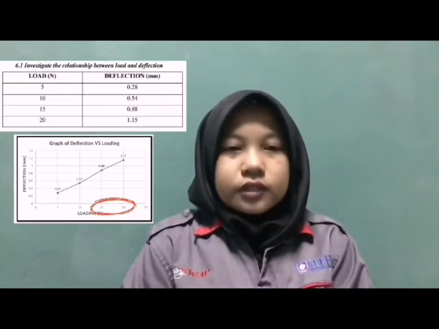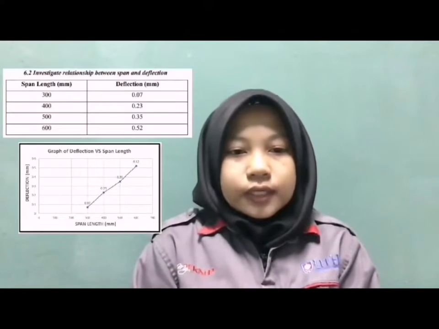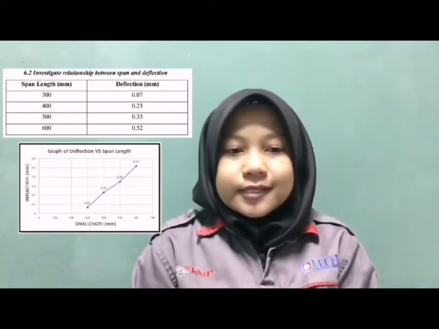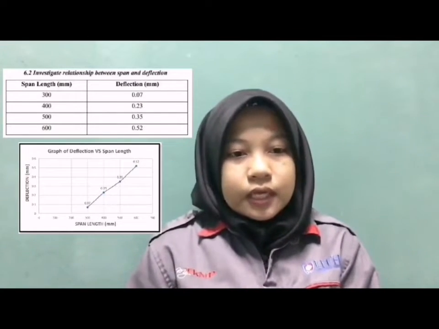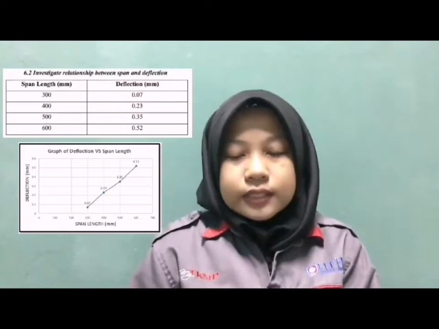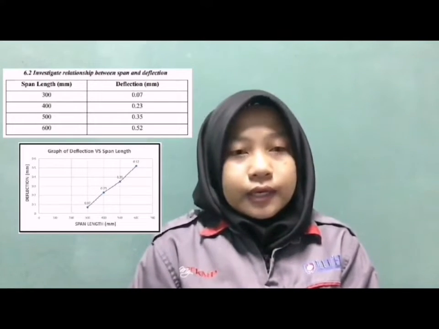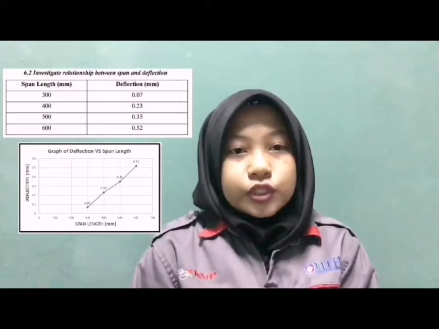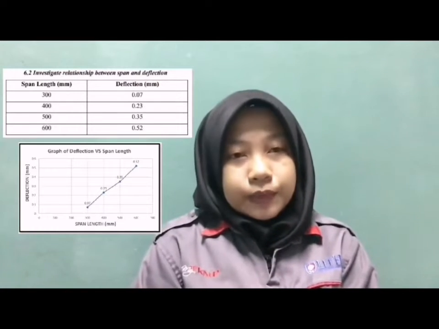The relationship between span length and deflection is strictly proportional, as seen in table 6.2. The data obtained shows that as span length increases, the deflection increases in lockstep. The deflection can be enhanced by increasing the distance between each support, according to the experiment.